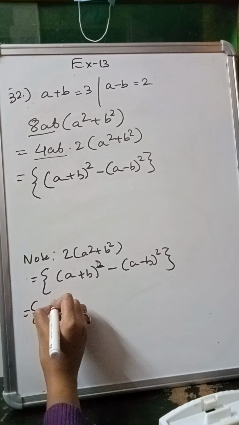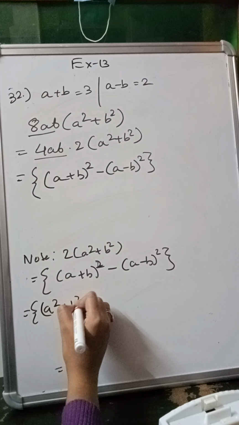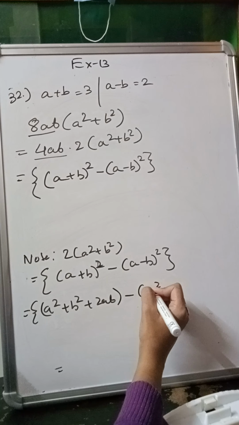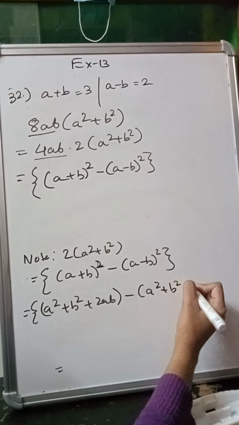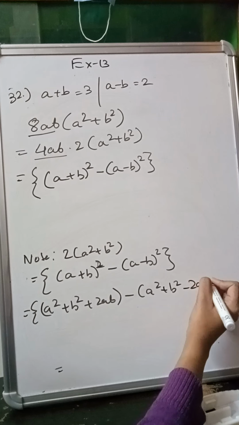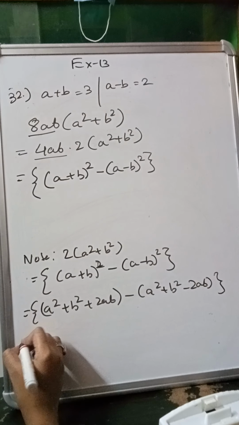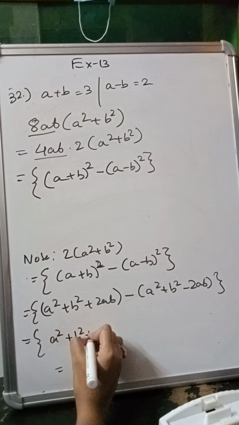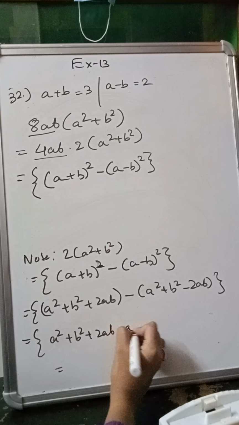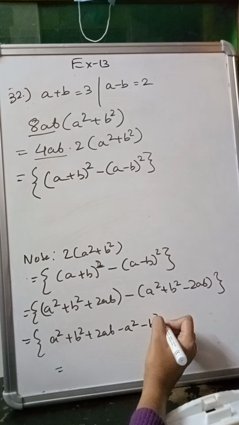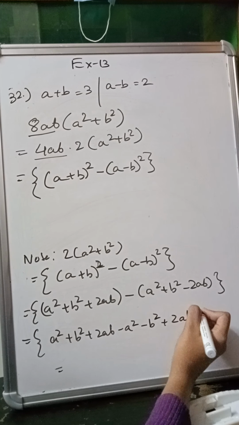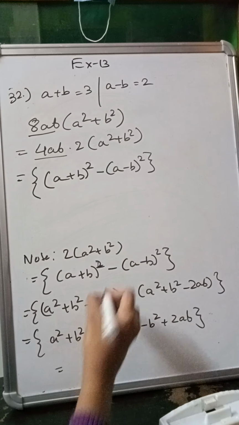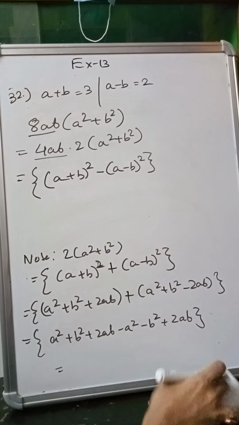Same thing, we will just expand a square plus b square plus 2ab plus a square plus b square minus 2ab. Okay, so we will get a square plus b square plus 2ab. Okay, sorry, this will be plus.